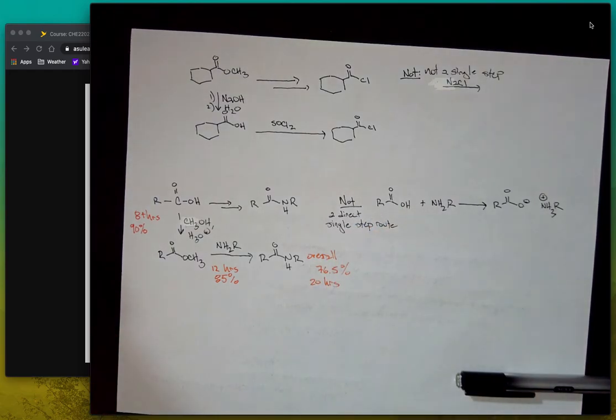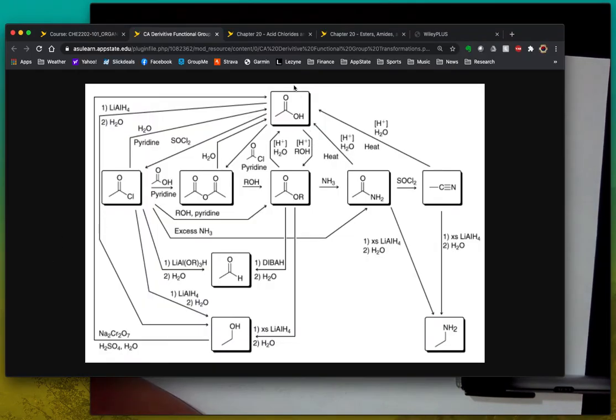And so that demonstrates what you would need to do in order to convert a carboxylic acid into an amide. You have to convert it into a more reactive species and then convert it into the amide, because there is no direct route to convert this carboxylic acid into that amide.